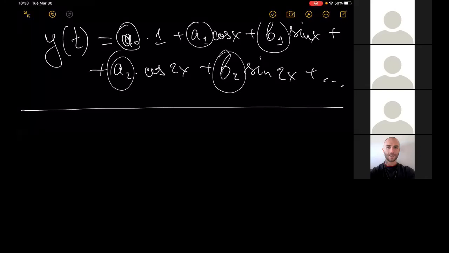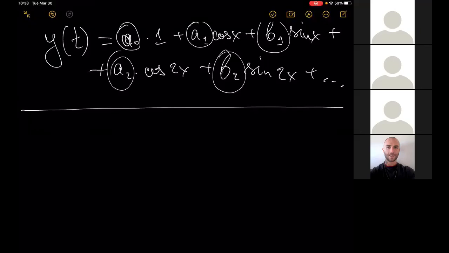So I want to prove a lemma. I will formulate it, then we'll explain what it means, and then we'll prove it.